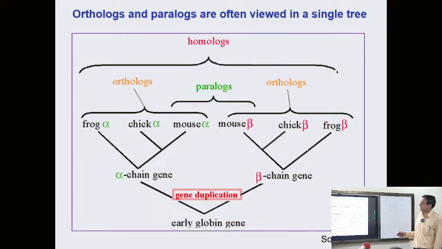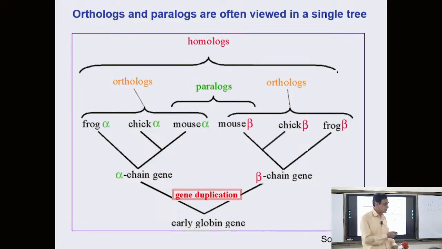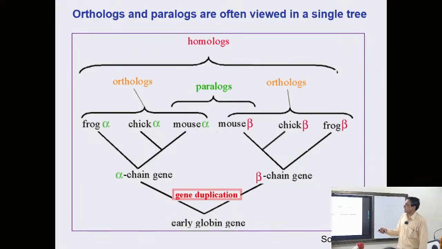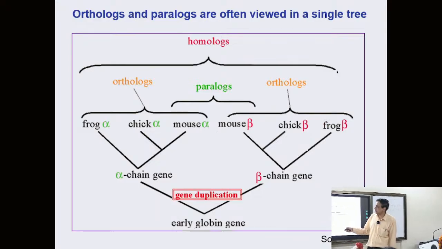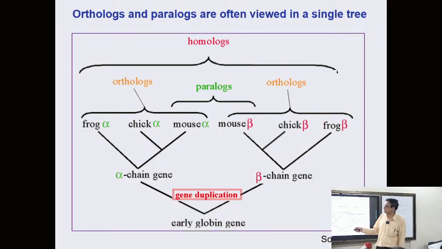So if I ask you whether mouse alpha and mouse beta chain genes are orthologs or paralogs, what would you say? Paralogs. To infer that, you would want to trace back, and where they meet will help in inferring whether they are orthologs or paralogs. So let us trace back. Mouse alpha chain gene and mouse beta chain gene, I am tracing back to see where they meet.